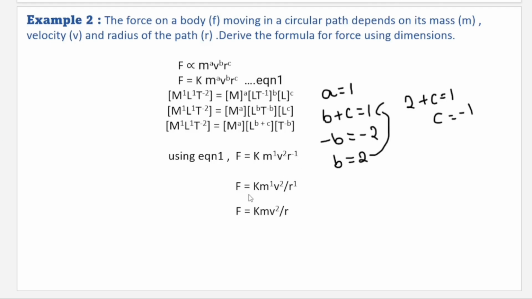Then F is equal to K M1 V square by R, because R minus 1, so R will go in the denominator to get the positive value. So the final answer will be F is equal to K m V square by R.